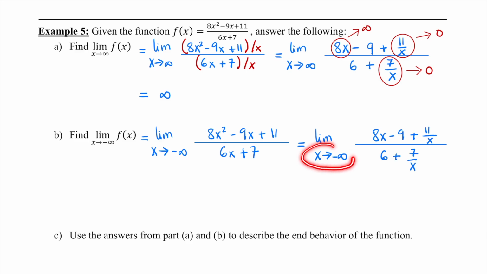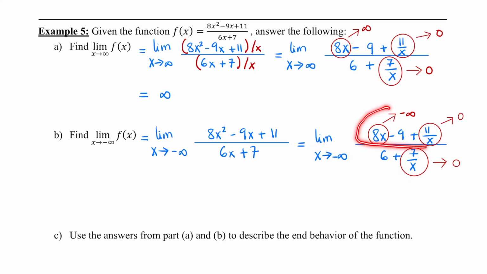As x approaches negative infinity, 8x approaches negative infinity. 11 over x approaches 0, and 7 over x approaches 0. So as x approaches negative infinity, the numerator approaches negative infinity, and the denominator approaches 6. And negative infinity divided by 6 is negative infinity.